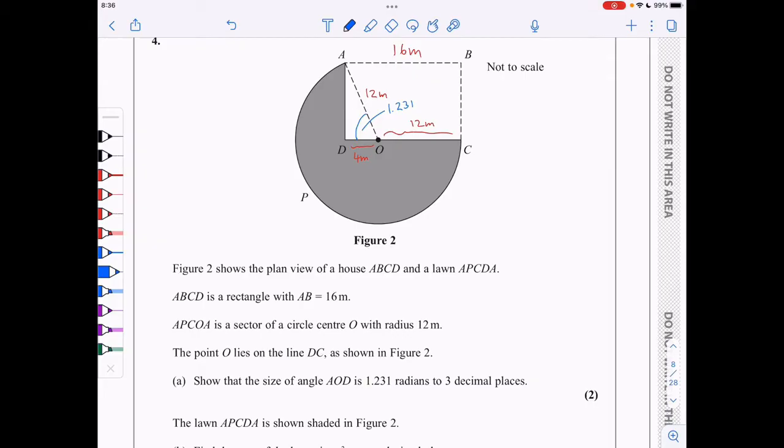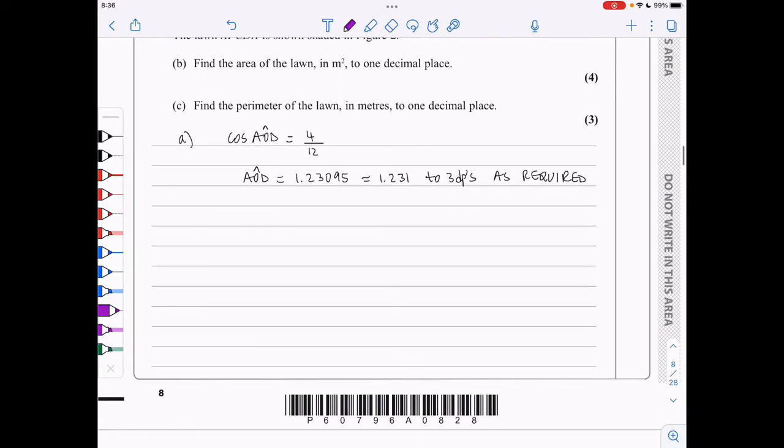This means that this angle here, all of this here, is pi plus 1.231. And I will start off by reminding you that the area of a sector is given by a half r squared theta, provided theta is measured in radians.